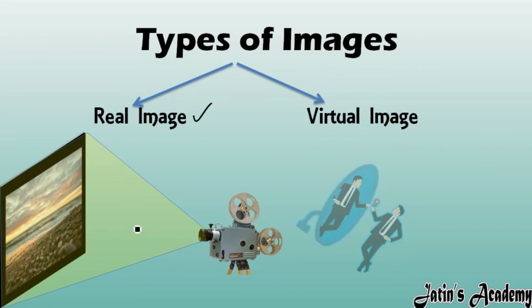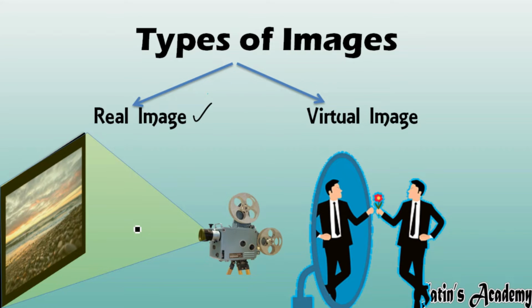But in a virtual image, for example, you are standing in front of a plane mirror, these light rays are not actually meeting on the mirror, they are meeting behind the mirror. That is why we see our image behind the mirror, not on the mirror, means whenever we move back, the image also moves back like this. So the image formed behind the mirror is a virtual image. The image formed on the screen is a real image.